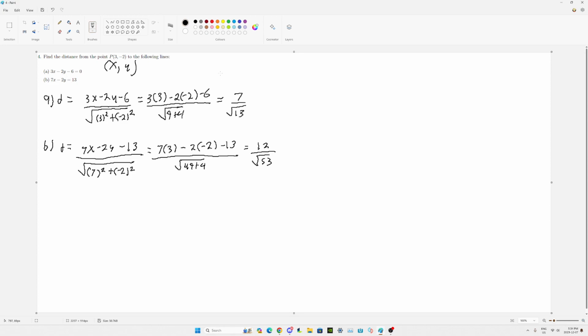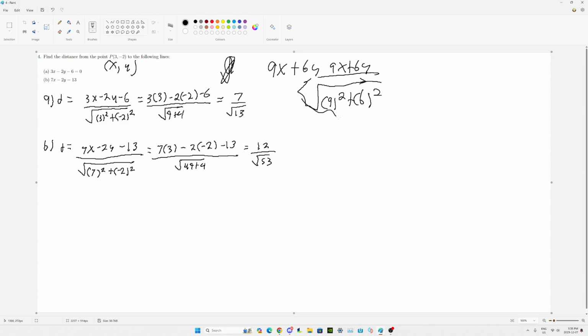So if we had, say, ax plus by, then the denominator is going to be the square root of a squared plus b squared, and the numerator is ax plus by. That's it for that.